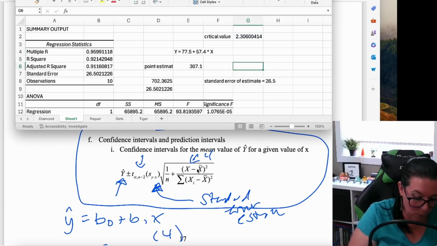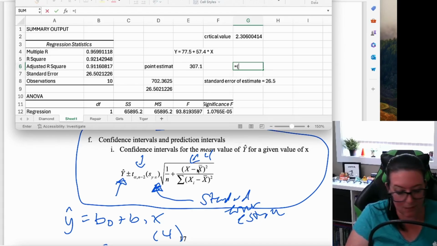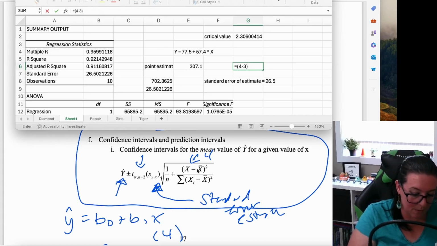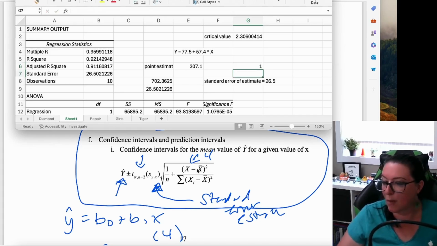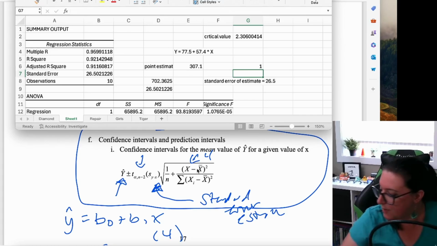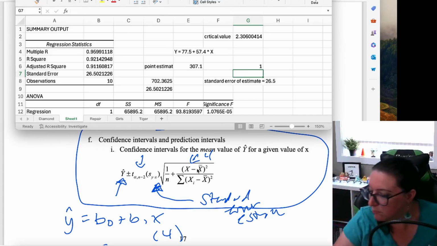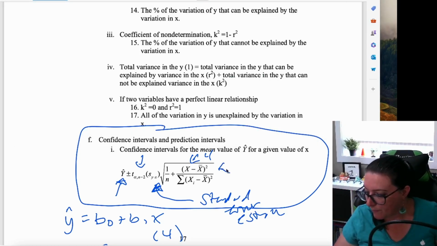x minus x bar squared equals x, which is 4, minus 3. Put that in parentheses, square that. That's that top part of the formula that you see right here, x minus x bar squared. Okay.